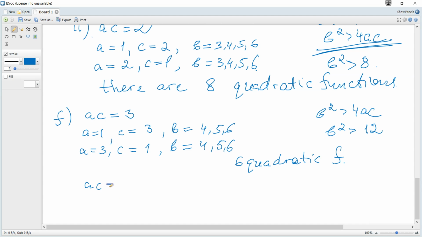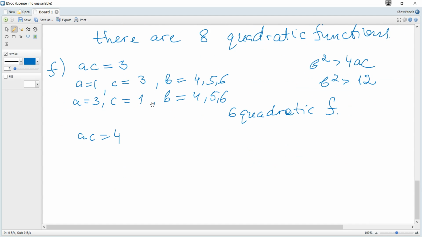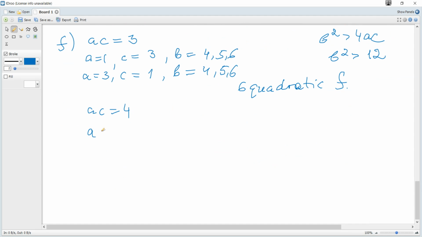Then when AC is 4, possibilities: A to be 1, C to be 4; A to be 4, C to be 1; and also A to be 2, C to be 2.